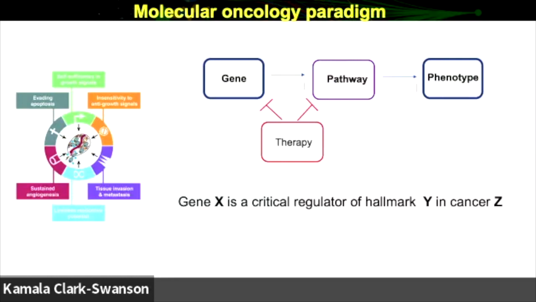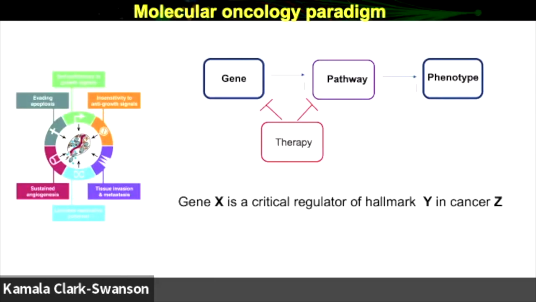Obviously there are many success stories. Most of the targeted therapies we have on the market are a result of this reductionistic approach. But it's also becoming obvious that this approach has diminishing returns, and we are getting a longer and longer list of critical regulators of specific hallmarks and specific cancers, and it's not quite clear what this knowledge really gives us.